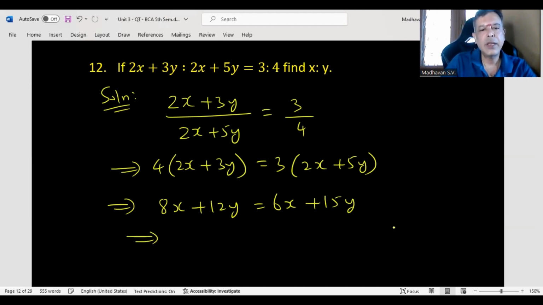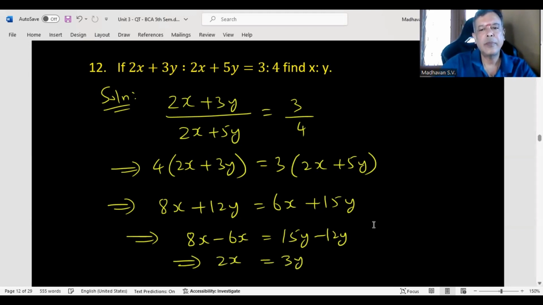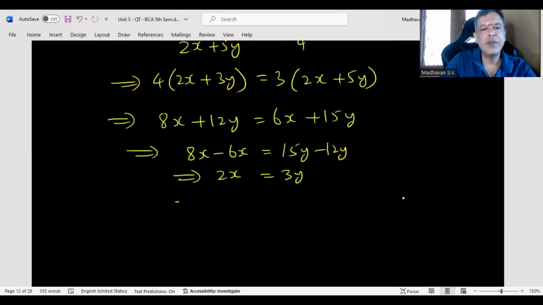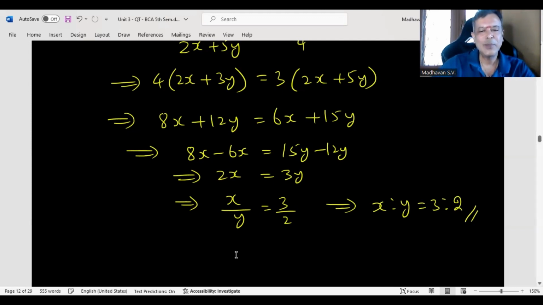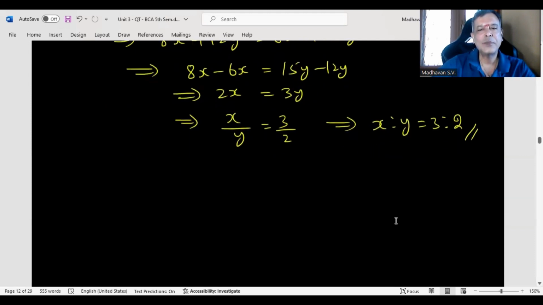Bring the x terms to the left-hand side, so we get 8x minus 6x, and take the y terms to the right-hand side, which means 2x is equal to 3y. Now bring that y to the left-hand side, take the 2 to the right-hand side, we get x by y equal to 3 by 2, which indicates that x is to y is 3 is to 2. That is the result for this question. Let us move on to the next.